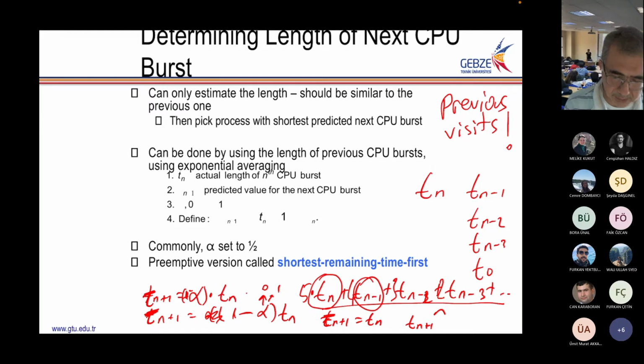So you either decide depending on the very previous one or depending on previous calculations.